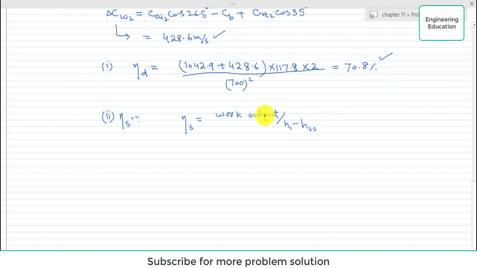So we can write the work output from here, delta CW1 plus delta CW2 into blade speed.